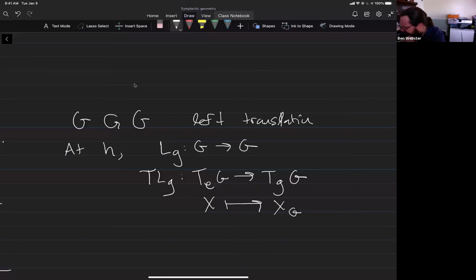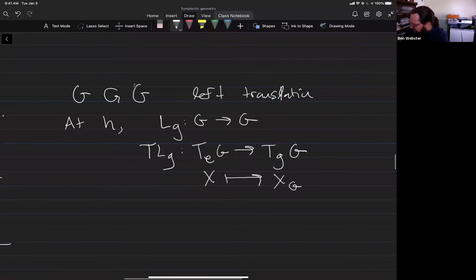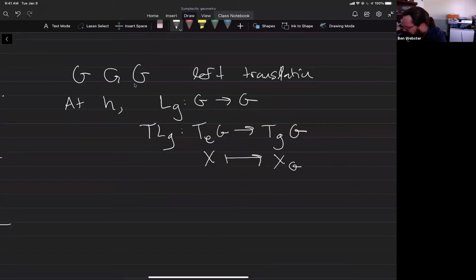My guess is that that definition was wrong, but since we don't have an enormous amount of material to cover today, let me sort this out, but it's after quarter to. So let's take a break now. I'll ponder this issue for a moment, and I think we'll straighten things out. What I believe I should get here is that this is a right invariant vector field.